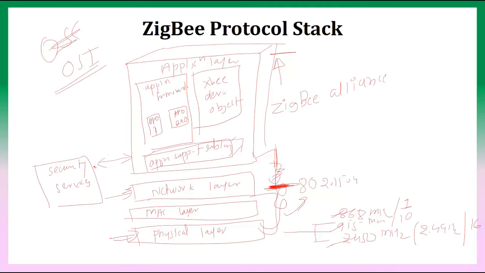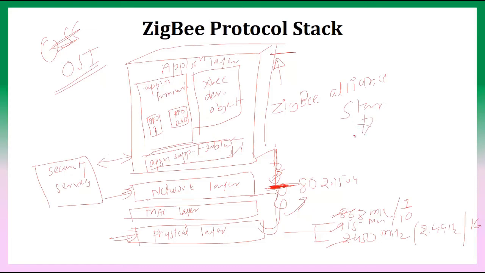From the basic topologies, there are three network topologies considered. As we have previously discussed, there is a star, a mesh, and peer to peer. We are going to see the diagrams of it, but I'm just naming it here.